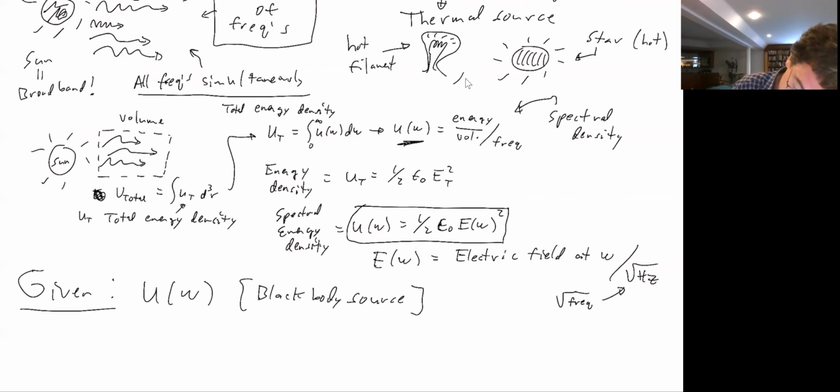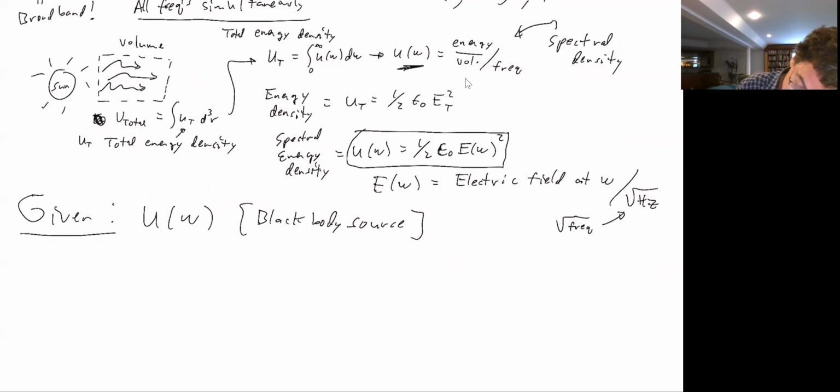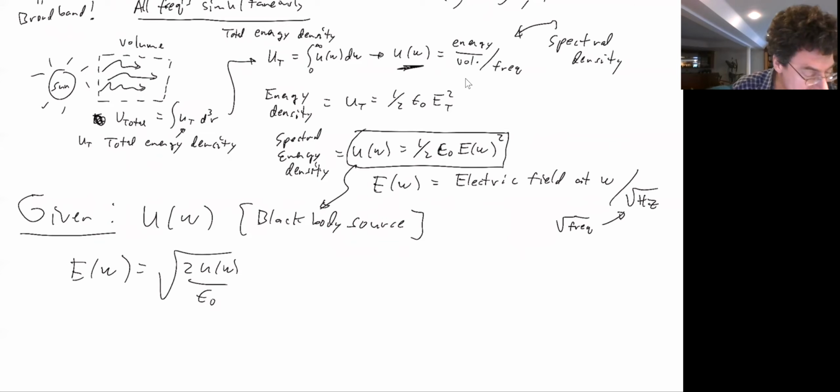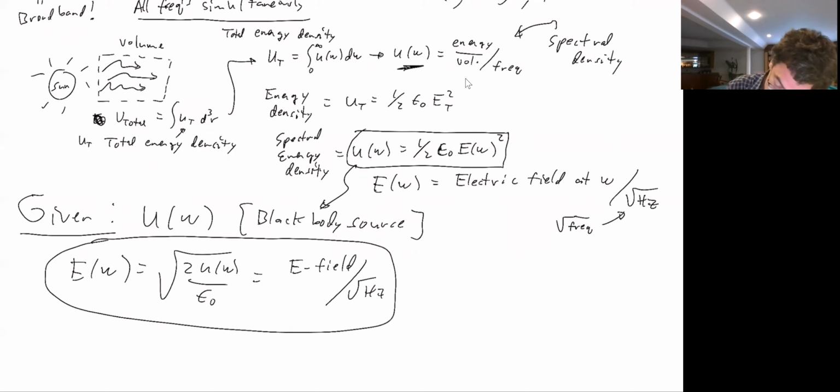And from U of omega, from this expression, we can see that E of omega is equal to the square root of 2 U of omega over epsilon. And this is the electric field per root hertz, E field per root hertz. So that's a long-winded way of saying that this is how we describe the E field of a broadband source.